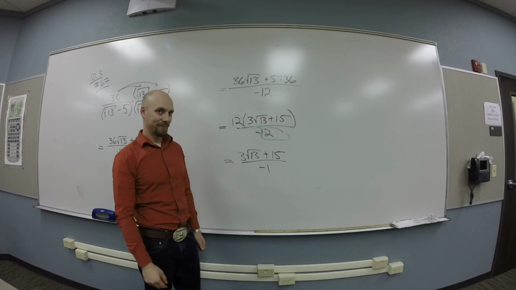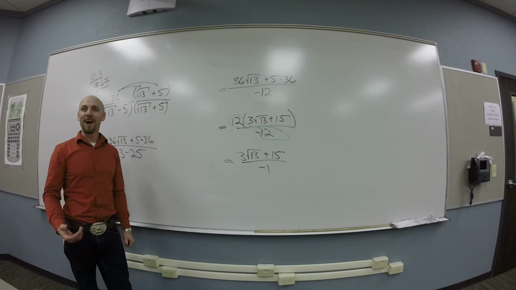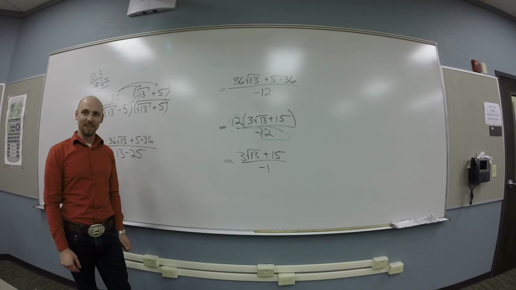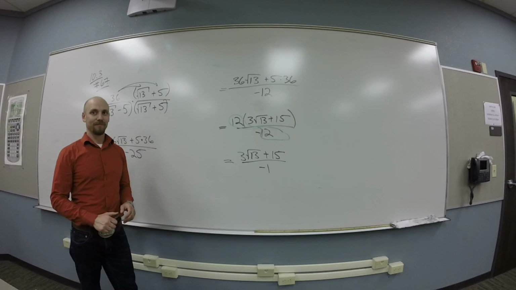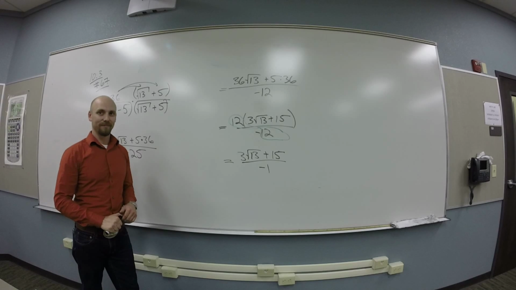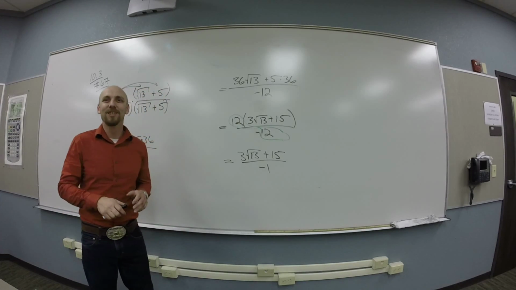Good noticing. I don't think I would have noticed that 12 went into 180 without making a factor tree or something. I just guessed on the calculator. That's the definition of noticing.